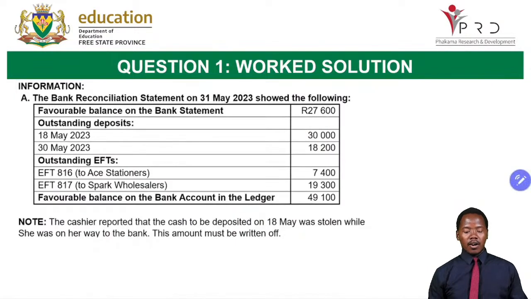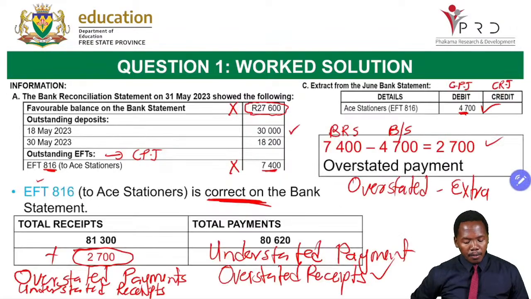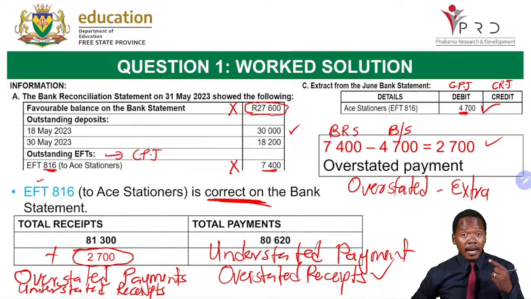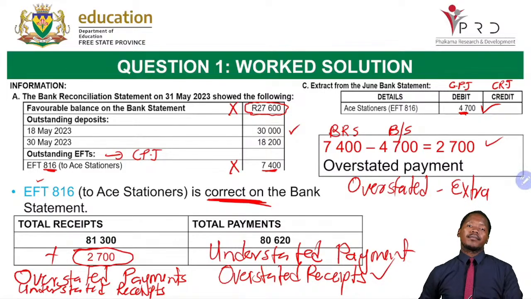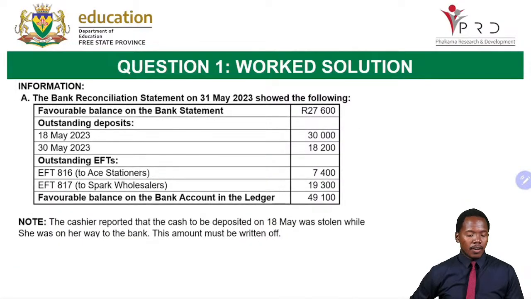Okay, now let us move on. Before we move on, maybe some would need to look at this. Overstated payments, CRJ. Understated receipts, CRJ. Overstated receipts, CPJ. Understated payments, that will be CPJ again. Okay, now let's move on.